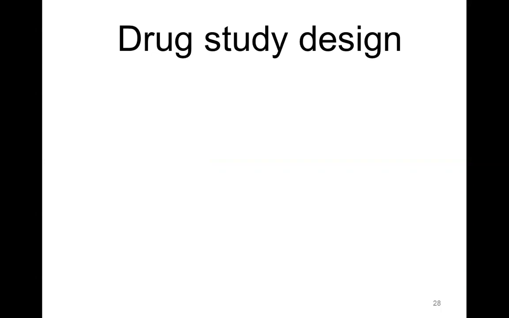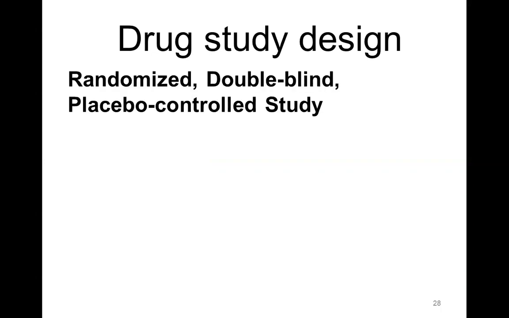So when we're doing drug study designs, the gold standard is still randomized, double-blind, placebo-controlled studies. Randomized sampling, so you know right there that you have lots of subjects, because if you can randomize your sampling, then you have a sufficient sample size.